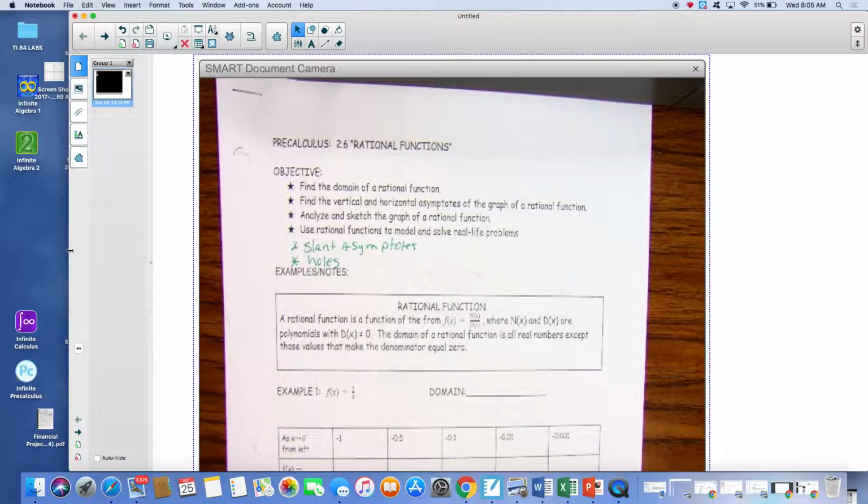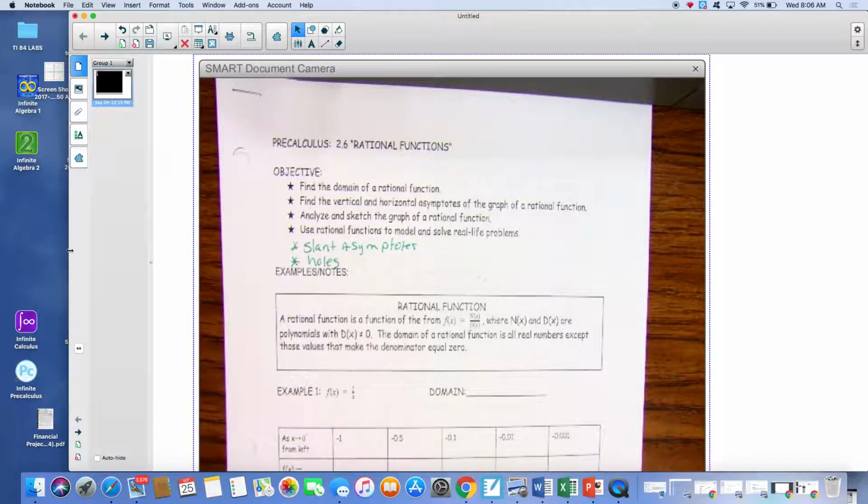A rational function. What is a rational function? Who could say that in terms that we all understand? What's a rational number? A number that can be shown as a fraction.